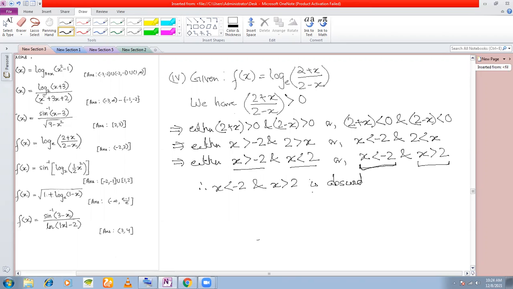So therefore, what is the only possibility? That x is greater than minus 2 and x is less than 2. And what does this mean? That means x lies between minus 2 and 2. Now there's no equality here.